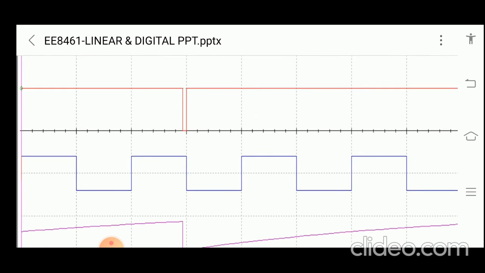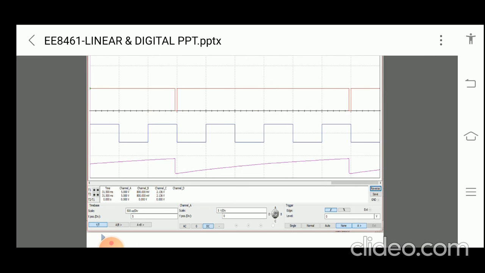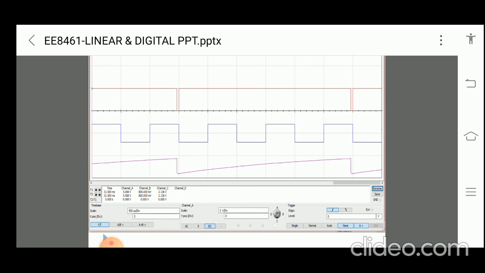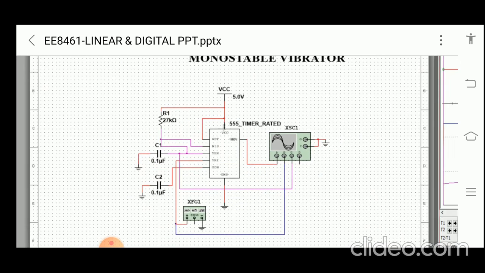The red color indicates your trigger input, the blue indicates your output voltage, and the pink indicates your capacitor voltage. This is the graph which is obtained from our CRO when we click on it.